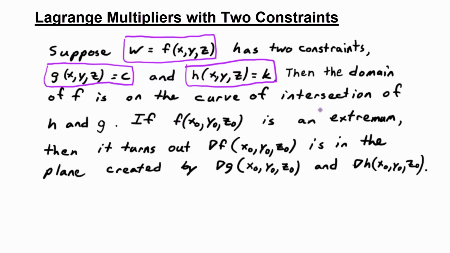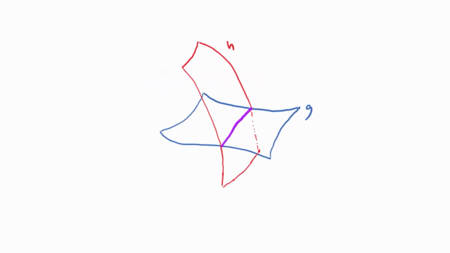To give you an idea of why that's true, let me draw del H as a vector right here. So this guy in red is del H. So del H should be normal to its level surface, which you can think of as H of x, y, z equals k.